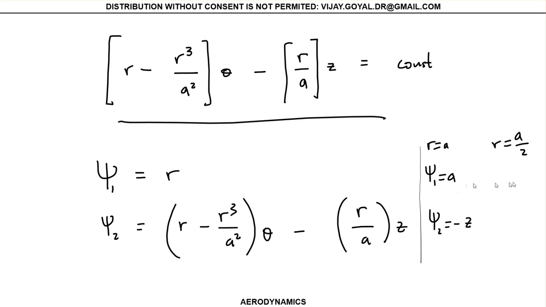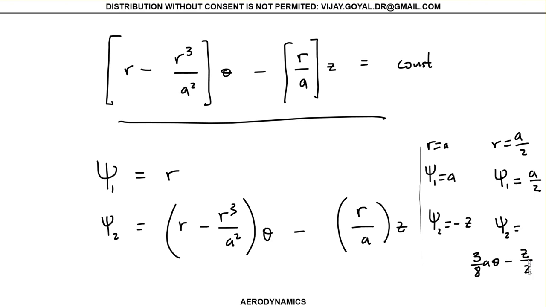If this is r over 2, I would get psi 1 will be a over 2, and psi 2 then will be 3/8 a theta minus z divided by 2.